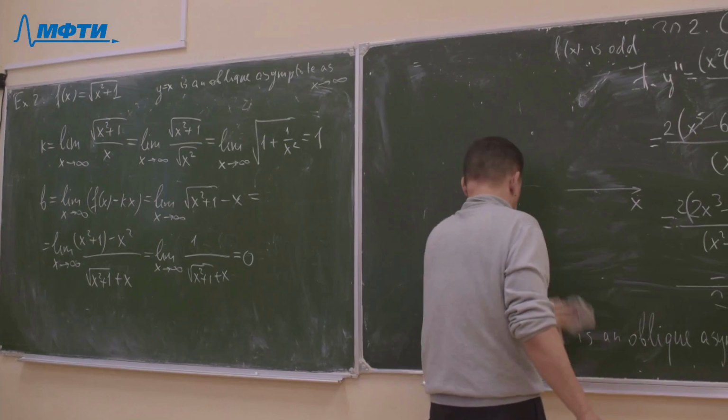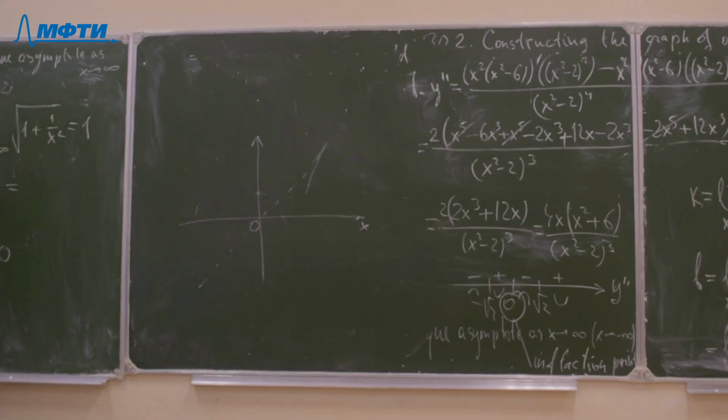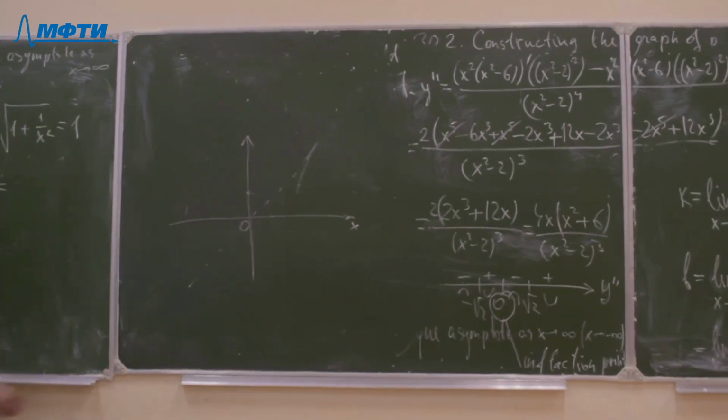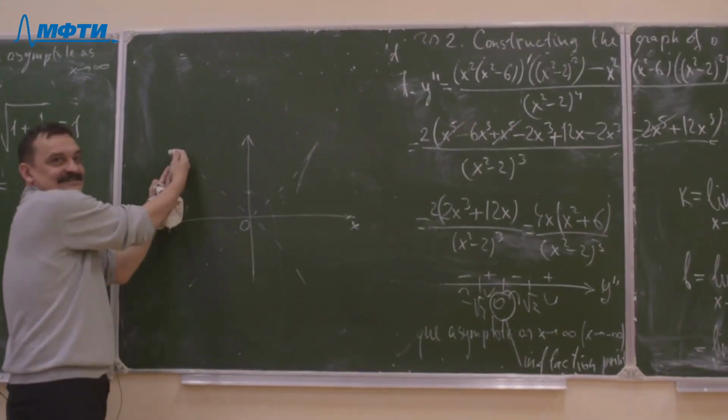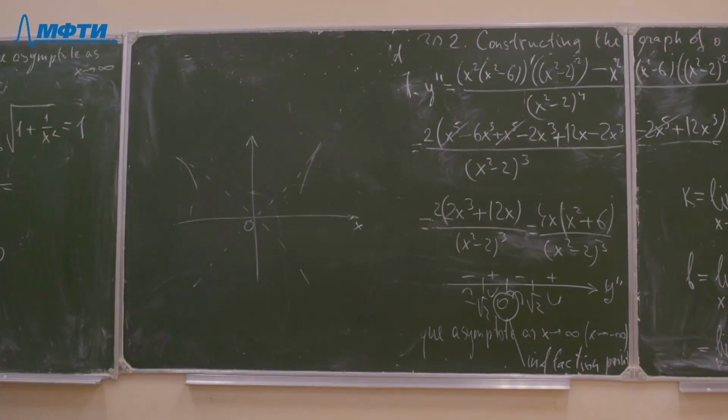Because of evenness, what will be the oblique asymptote as x tends to minus infinity? It cannot be y equals x, right? It should be symmetric. Hence, what is the oblique asymptote? y equals what? Minus x, right? Minus x is symmetric. But of course, this can be done also analytically.